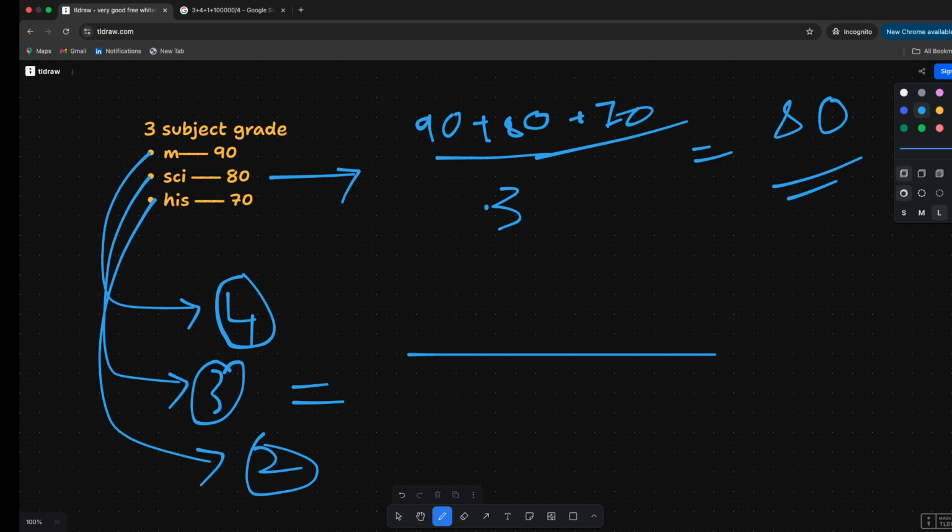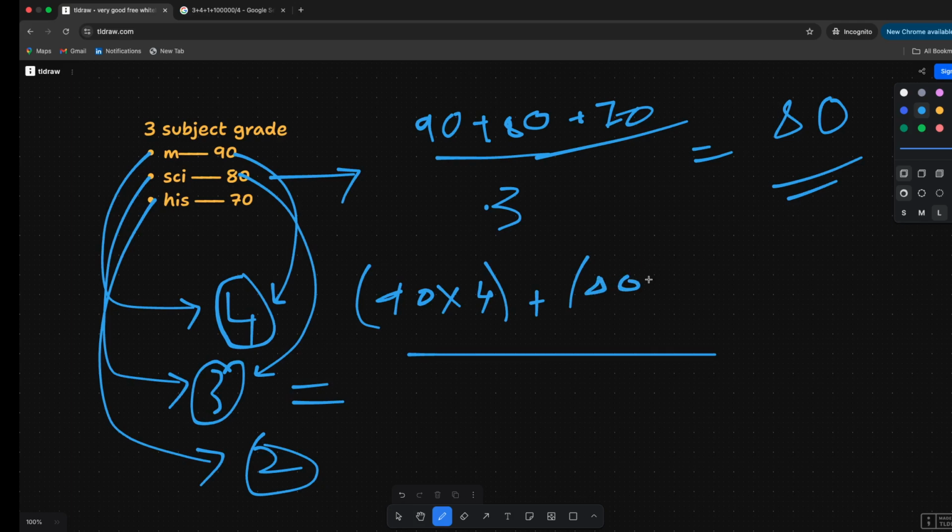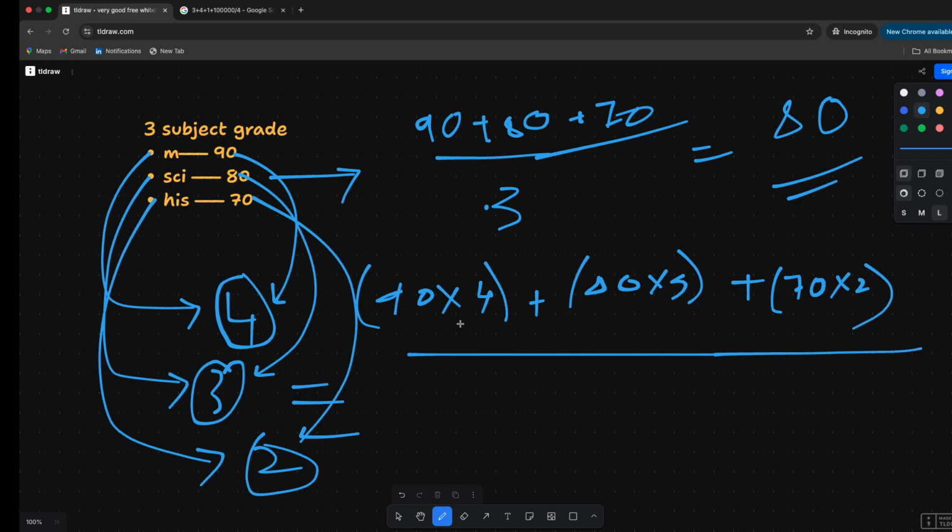And the weighted mean will be calculated as 90 times its weight, which here is 4, plus the score for this multiplied by its weight of 3, plus again this multiplied by its weight. Then you divide by the sum of the weights, which is 4 plus 3 plus 2.